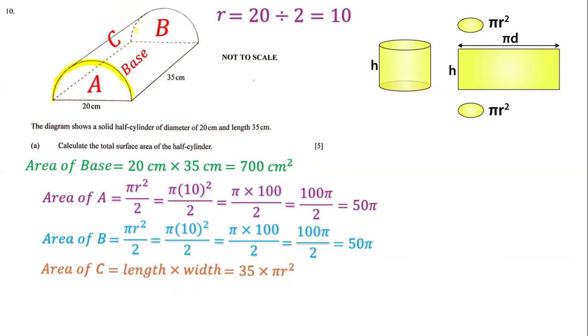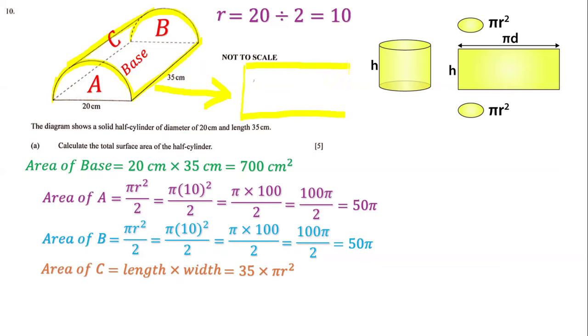So we have this particular shape here, okay? And so this particular shape is what we have. Now, if we were to lay it flat, it's actually a rectangle, right?